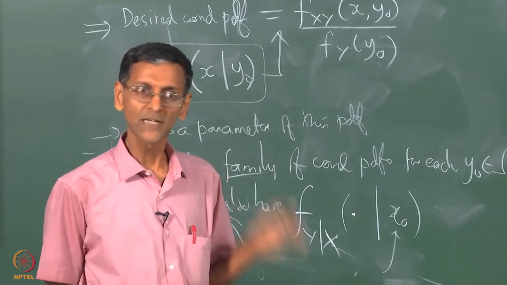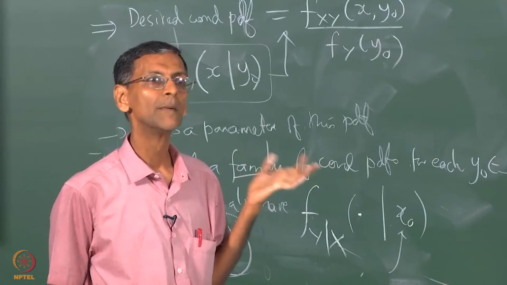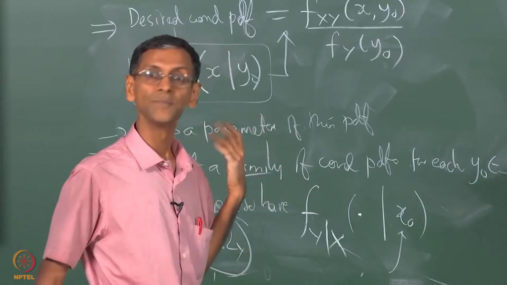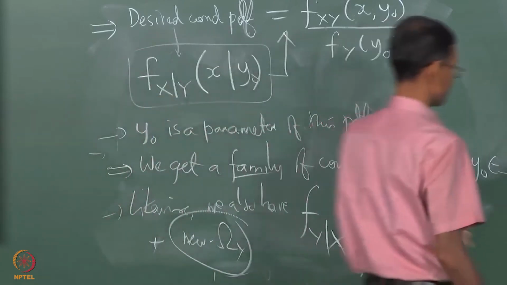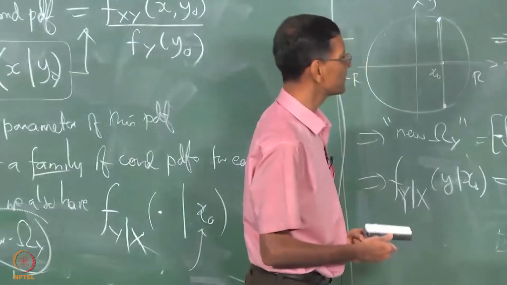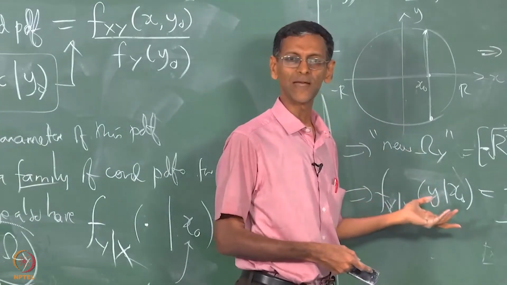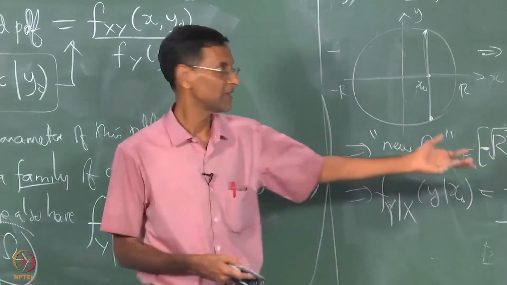Is this once again clear to everybody? Okay. And because of the extreme symmetry in this particular situation, you can easily reverse the roles of x and y, and you will get something very similar.